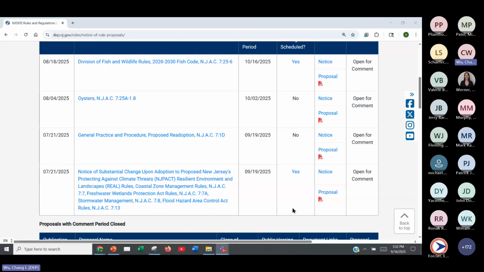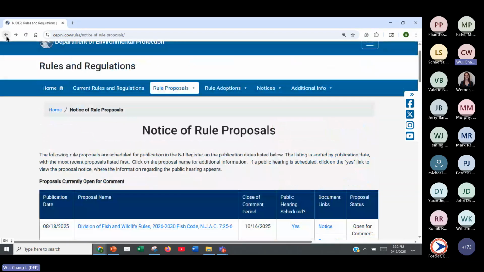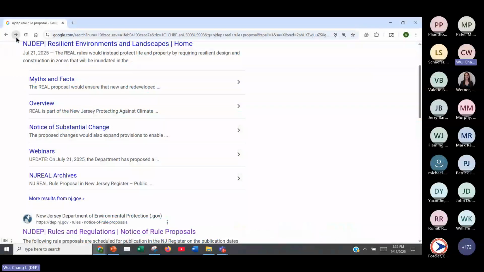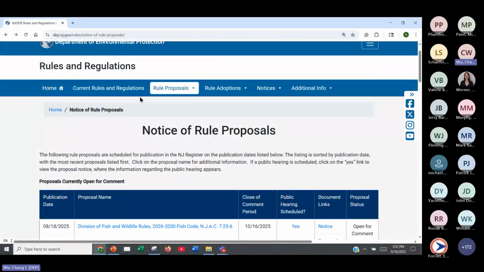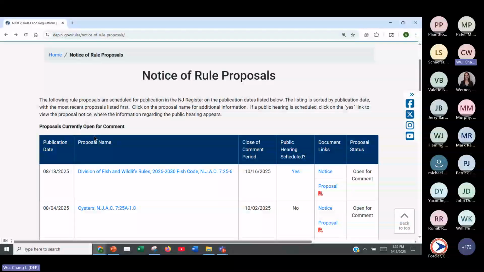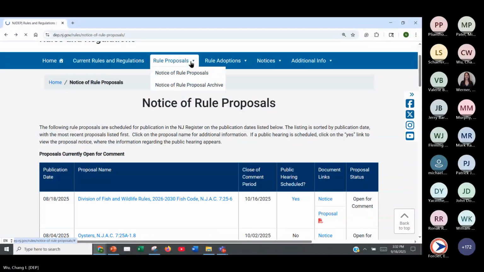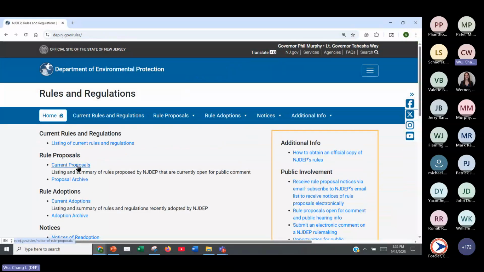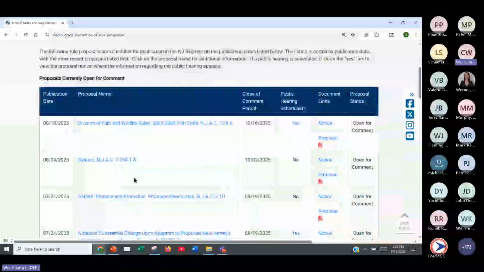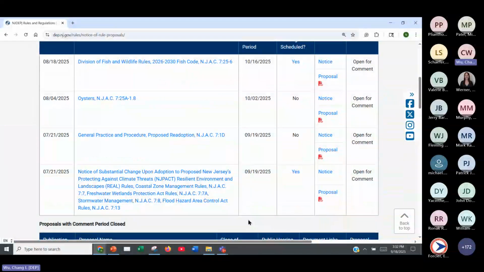So remember, to make comments, go to the DEP website, go to the rule proposal, and then the current rule proposal. Scroll down and you can see this one closes on September 19th, so there's a chance to make comments.